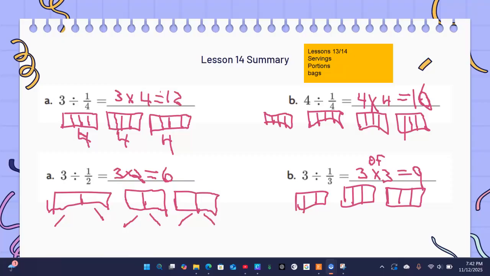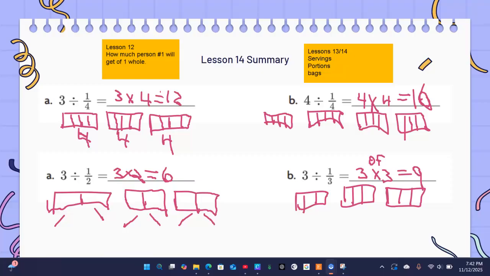Okay, and then lesson 12 has to do with how much, such as how much person number 1 will get of 1 whole.